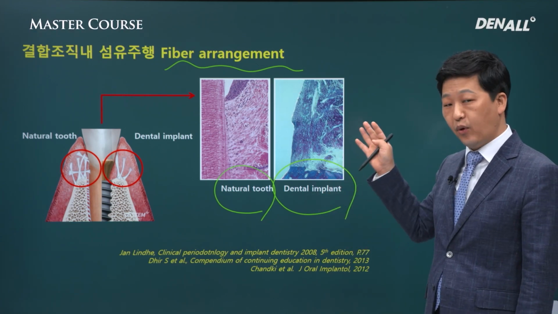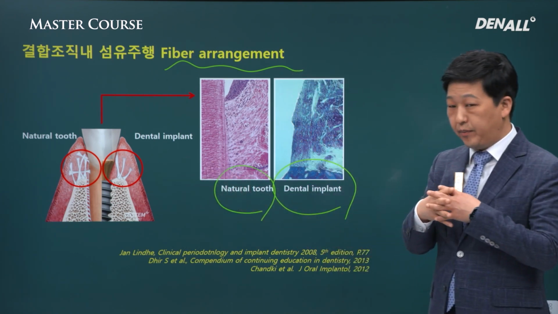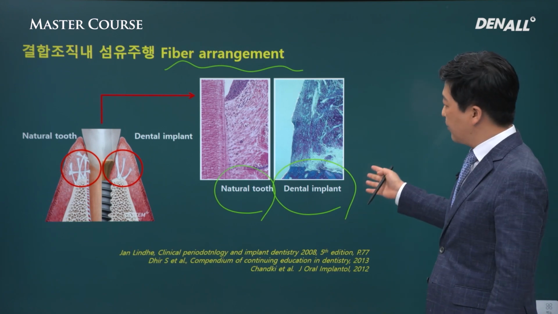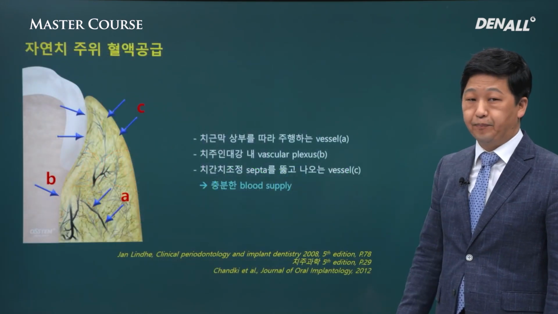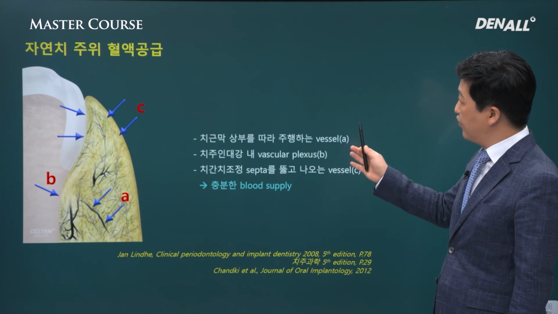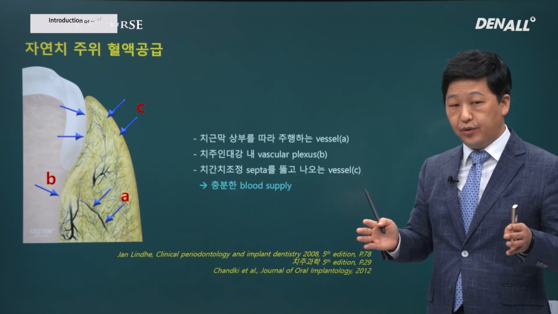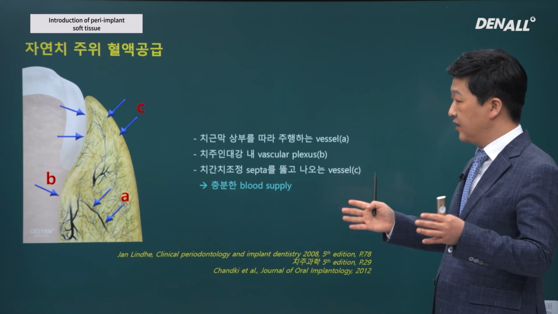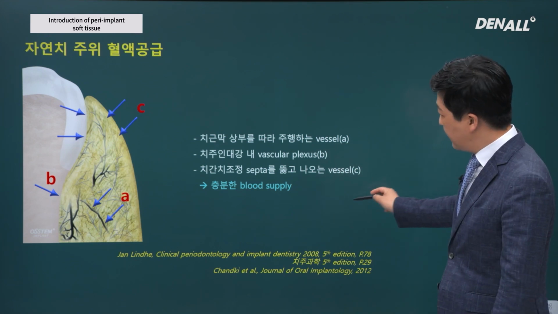It's the same principle. Because the fiber arrangement is very loosely knit around the implant, it is more susceptible to bacteria and different diseases. Blood supply around natural tooth comes from various places such as periosteum, periodontal ligament, and connective tissue.